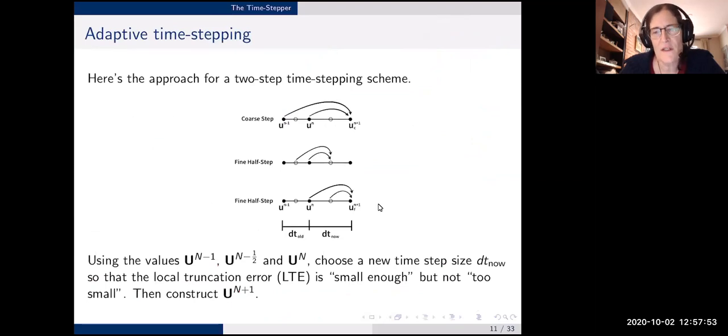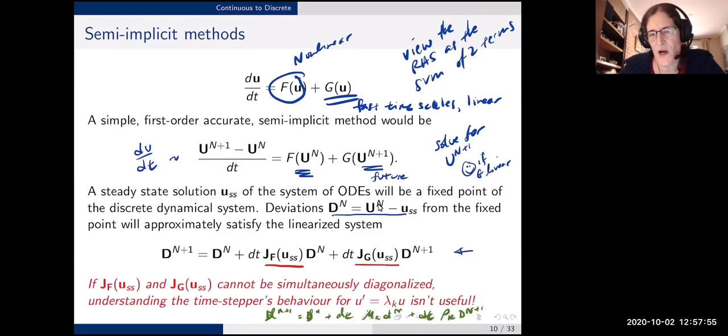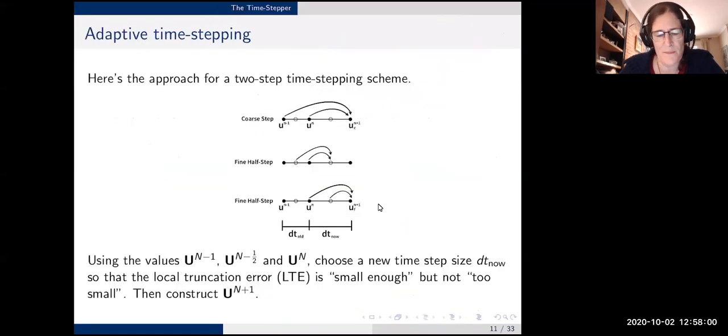All right, so now I'm going to pause and switch the topic for just a moment to adaptive time stepping, because it's going to come in soon. When you build an adaptive time stepper, you try to choose the time step size so that the local truncation error is small enough, but not too small.